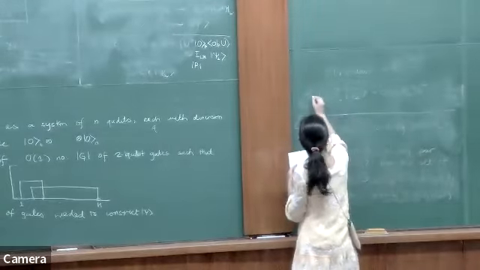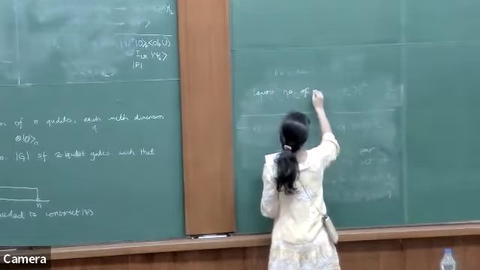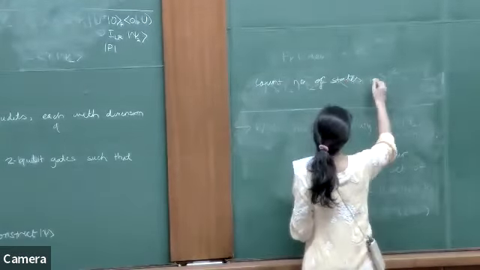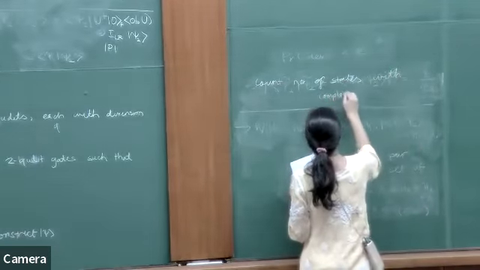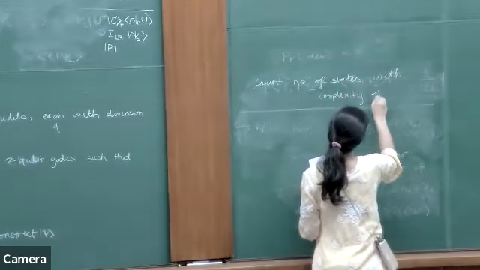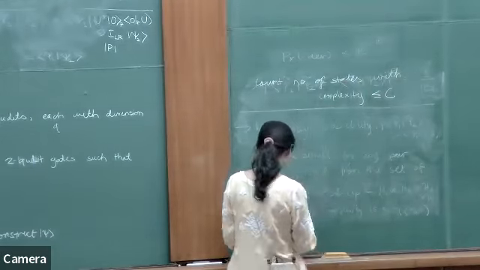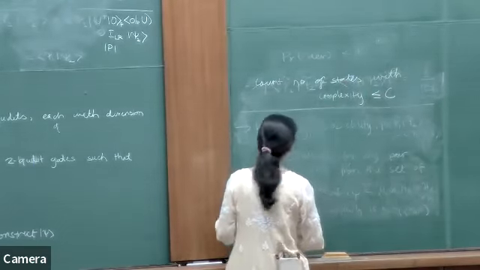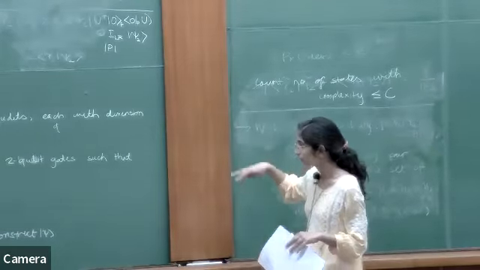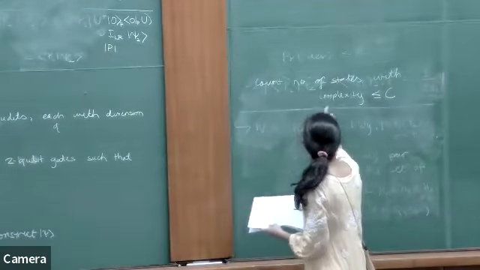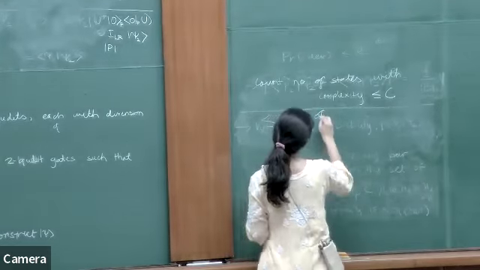So what we want to do now is just count the number of states in the Hilbert space which have complexity less than or equal to C for some given C. This also has to be upper bounded by the total number of circuits of length C, just by this definition, because maybe by making two different circuits you get to the same state.